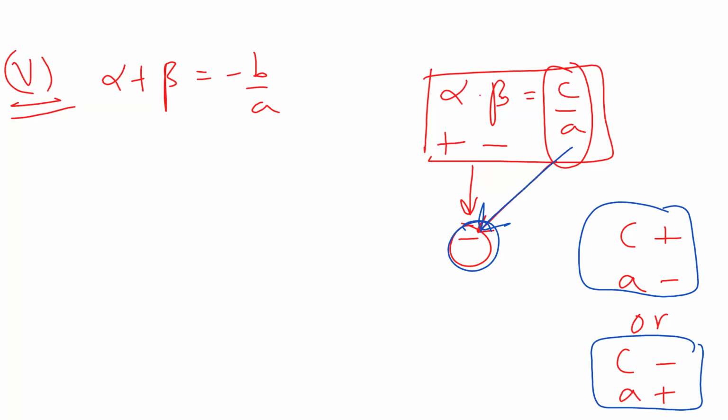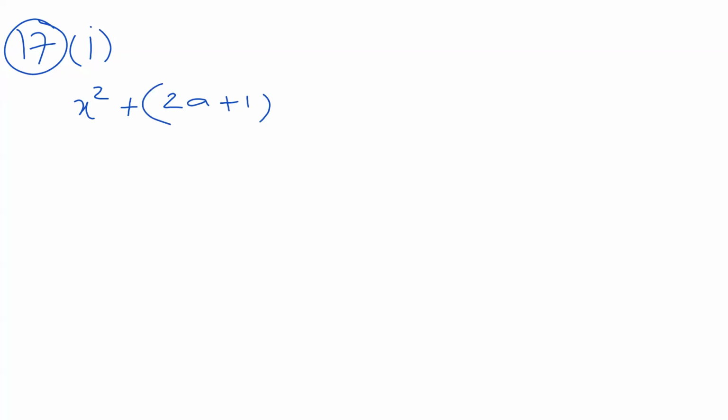So let's go to question number 17. Okay, sub question 1. X square plus (2a plus 1) into x plus a square plus 2 is equal to 0.